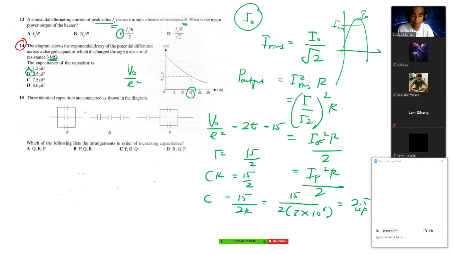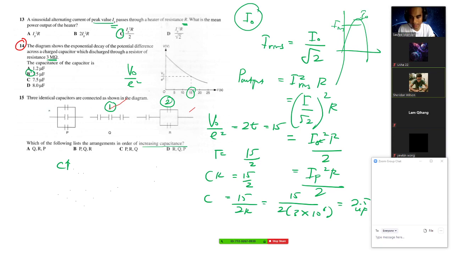Three identical capacitors are connected as shown in the diagram. Number 15. Which of the following arrangements is in order of increasing capacitance? So capacitance increases, which one is the least? Q is the least, correct. Q will be the least. The second will be R, correct.